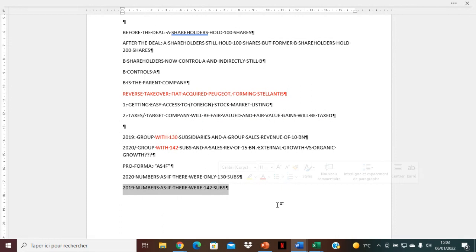From an analyst perspective, which comparison would you prefer? Compare 2 years based on 130, or compare 2 years based on 142 subsidiaries?